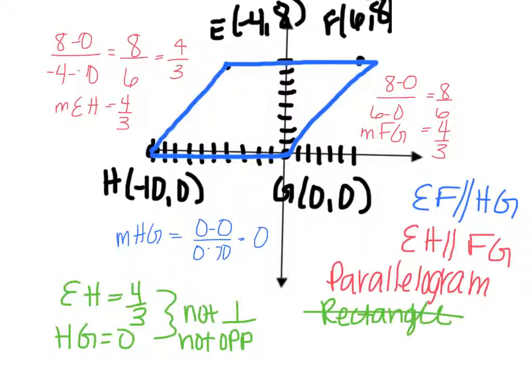Okay, not a rectangle. So we still have a parallelogram, and if it's not a rectangle, it can't be a square either because of that same reason. The sides aren't perpendicular. The last type of parallelogram that we have to test is a rhombus. So pick a property of a rhombus, and let's test that.